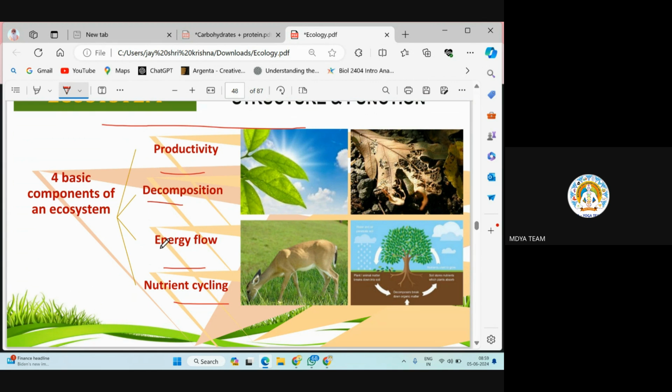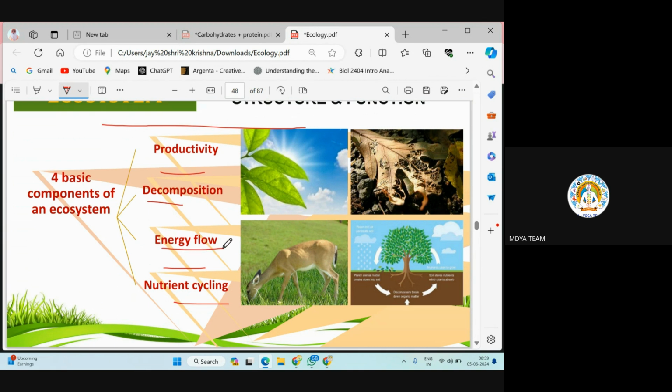Decomposition means those animals and plants that are now dead need to decompose. If there is no mechanism of decomposition, the dead plants and animals will take over all the land and the ecosystem will not exist.